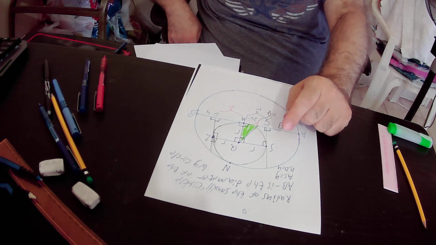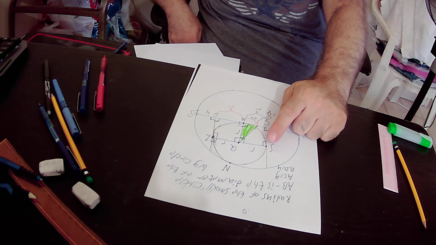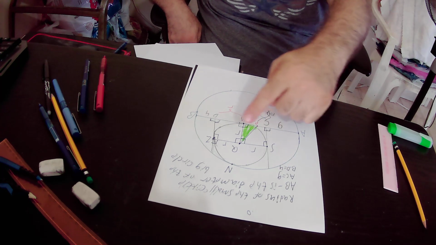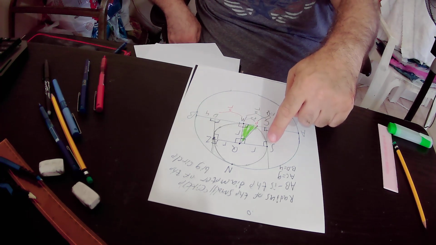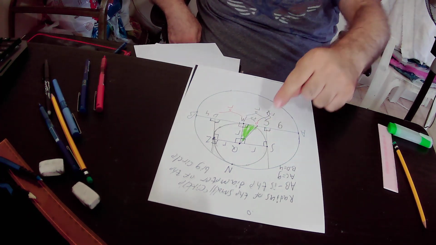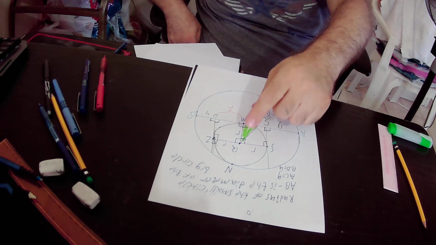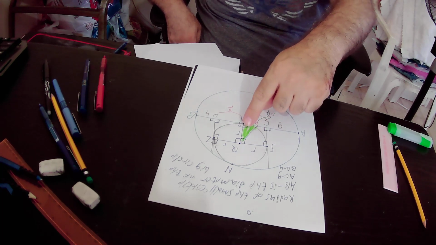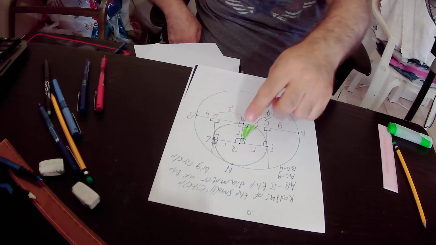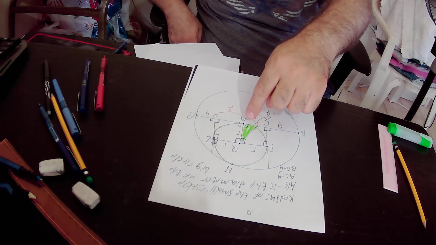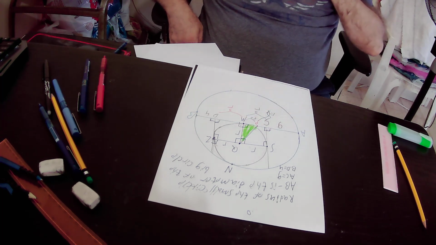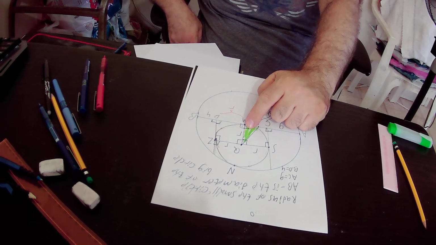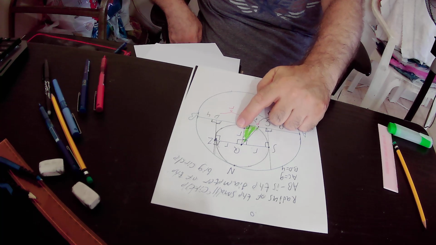So here we have 90 degrees. This is a right angle because the tangent is perpendicular to the radius that is drawn to the launch point, according to rule number 1. And here also we drew a radius to the launch point. This radius touches the launch point, that is point M. Therefore, according to rule number 1, this is a right angle, and also this is a right angle.